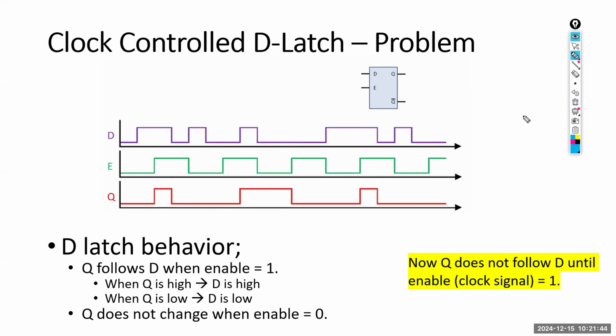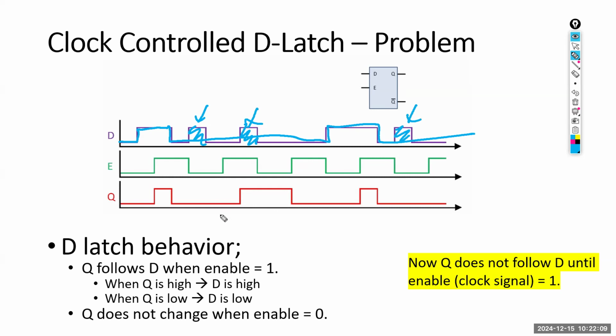So remember the idea about the D latch is my Q must be same as the signal. Of course, these are stray signals. So therefore, ideally my Q signal should have been something like this. It shouldn't have responded to these three small pulses.